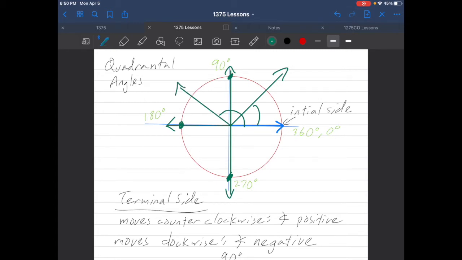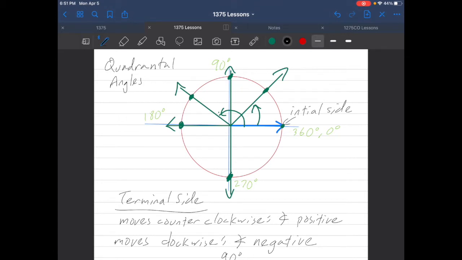This terminal side can intersect the unit circle right there. This terminal side can swing around and around in any direction and stop wherever it wants to. All right? There's two things about this. One is the quadrantal angles can be measured based on their ordered pairs of where they intersect the unit circle. That's something that we just saw.